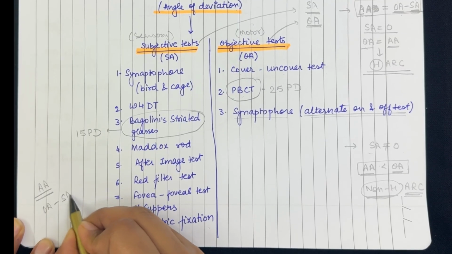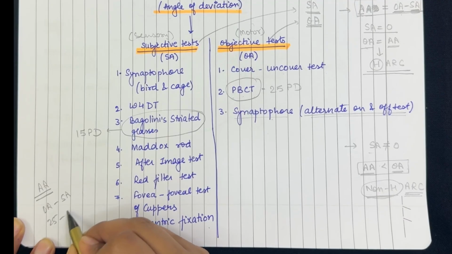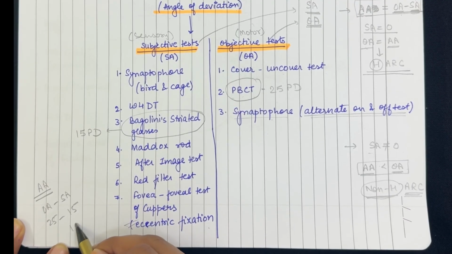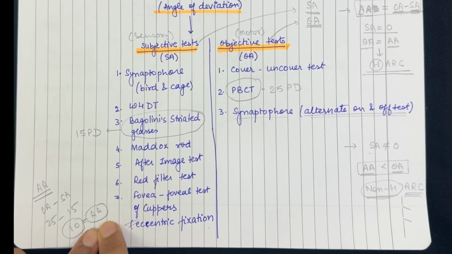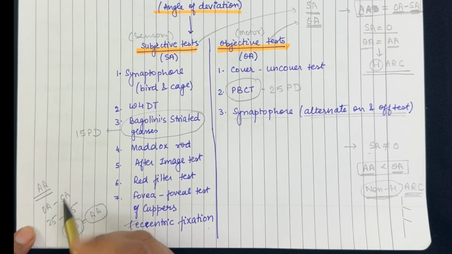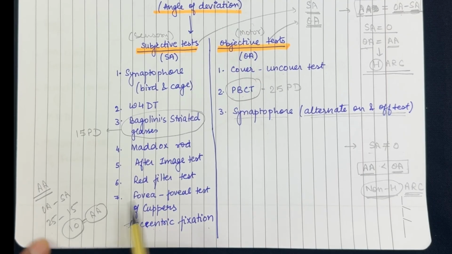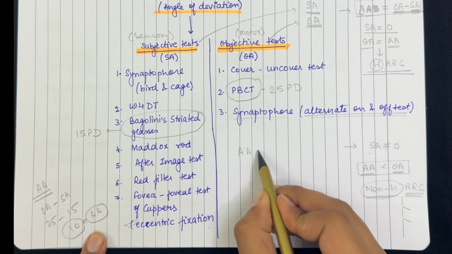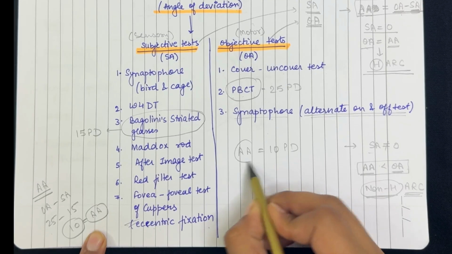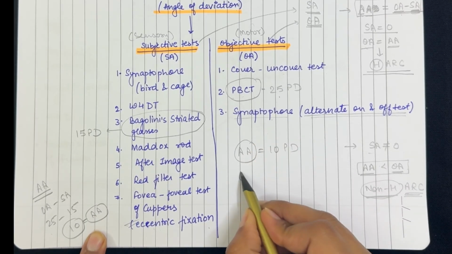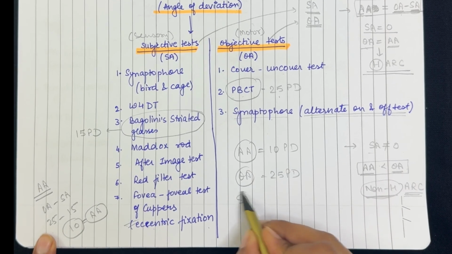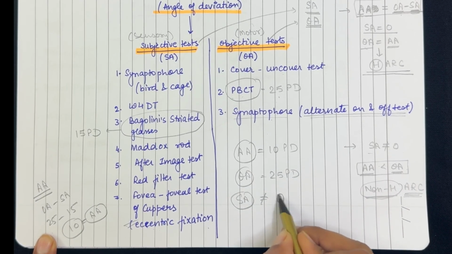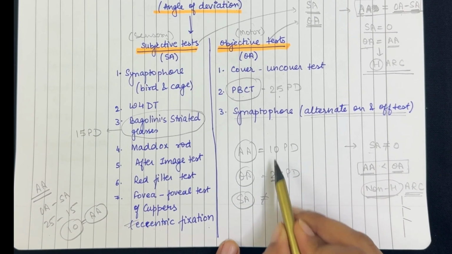Objective angle minus subjective angle, so 25 minus 15, which is 10. So the angle of anomaly is 10 prism diopters, right? And my objective angle was 25 prism diopters, and the subjective angle was not equal to 0, and the objective angle is more than the angle of anomaly.